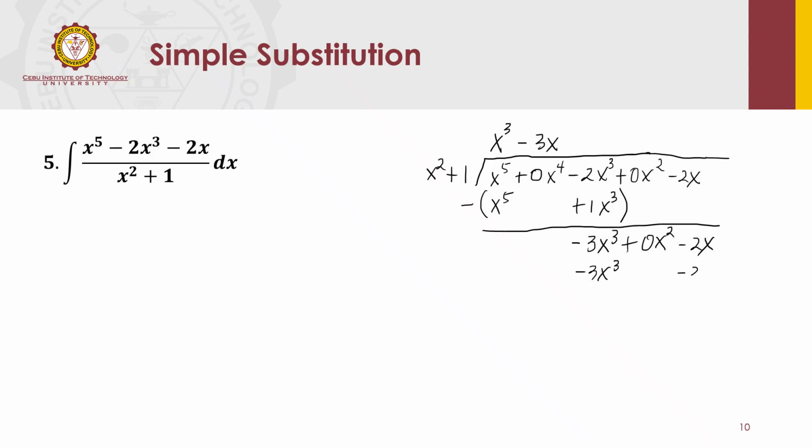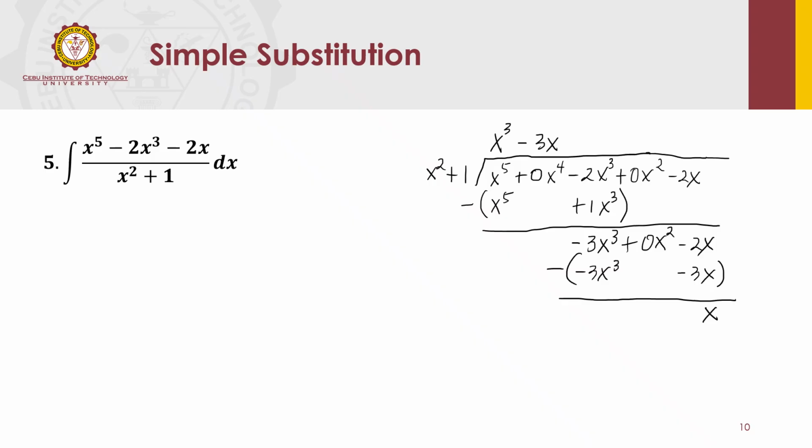So put the minus 3x here below negative 2x. And then again, perform subtraction. So this is 0, and then negative 2 minus negative 3, or negative 2 plus 3, which is 1x, or x.